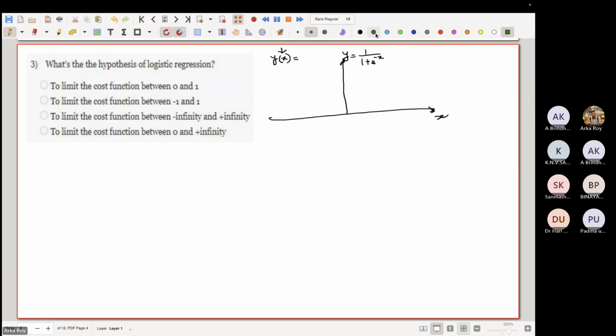The representation of the data is such that at 0, the value is 0.5. When you increase the value, it reaches 1 at infinity, and if you decrease the value, it reaches 0 at minus infinity. So the value is bounded between 0 and 1, so yi is bounded between 0 and 1. Therefore, option A is the correct answer: your cost function is bounded between 0 and 1.